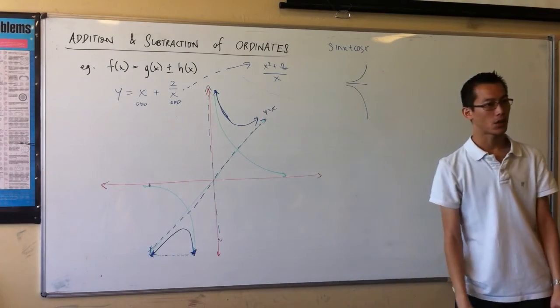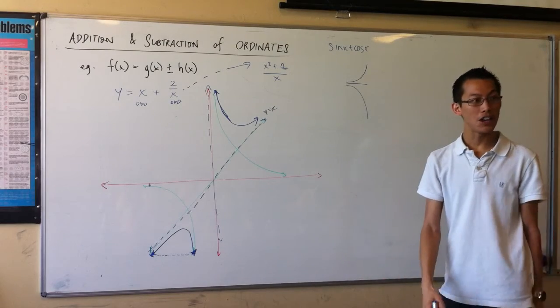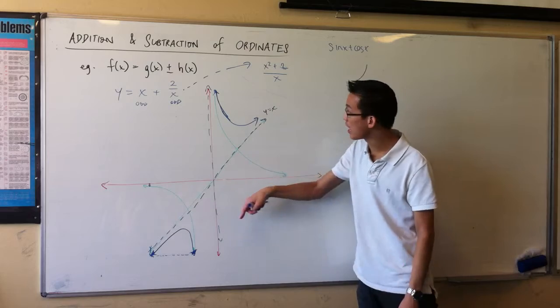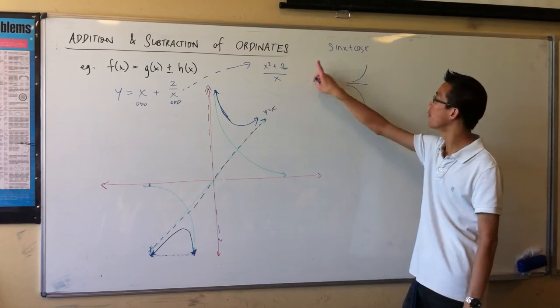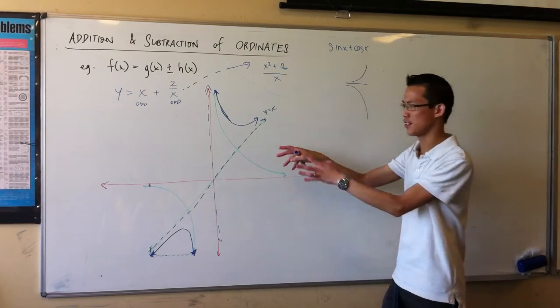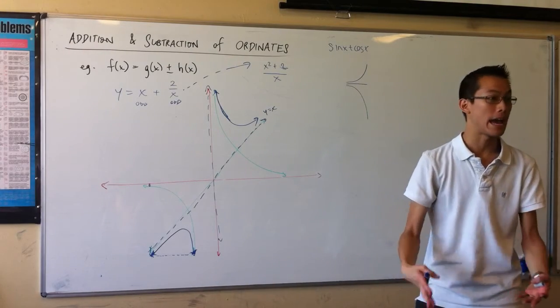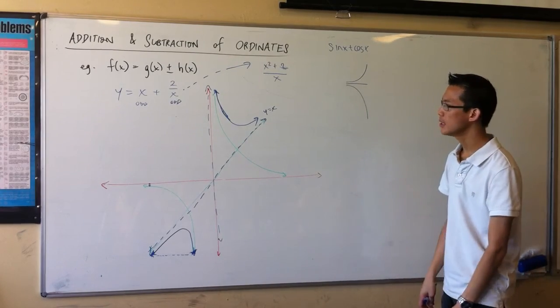And you get the idea. So that was it: addition of ordinates. Like I said, you could have gotten that shape just by doing this. When we get to these other graphs, you need to know this process of looking at the graphs: what are they doing, how are they behaving?